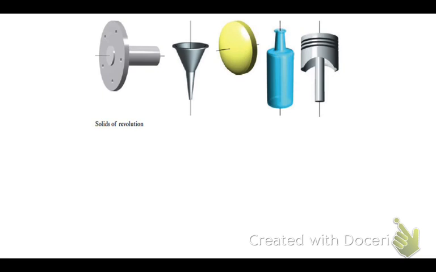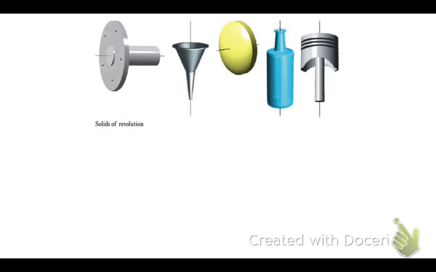Okay, so we have a solid of revolution. If you look at all of these shapes, they have a center, and it is, I want to say symmetrical, but it's the same. You could have a cross section and just rotate it and get the object. Does that make sense?